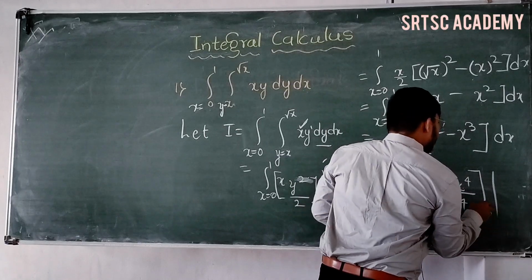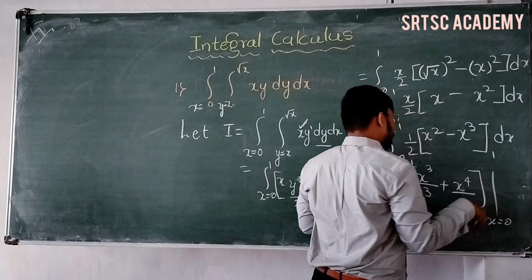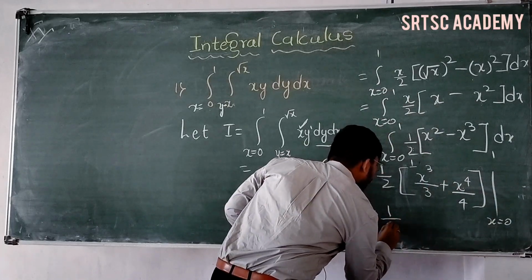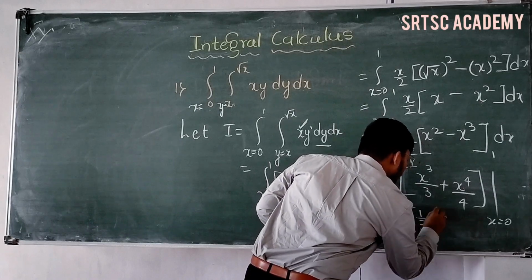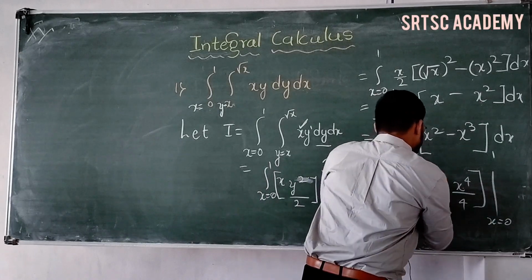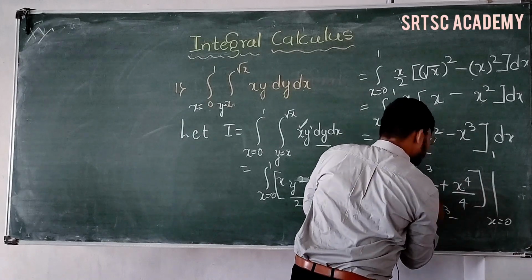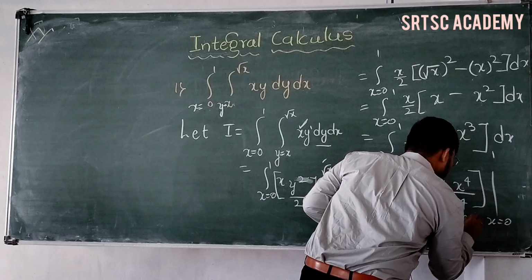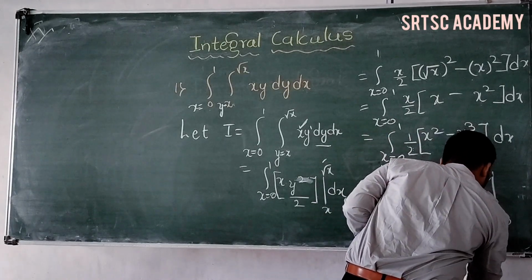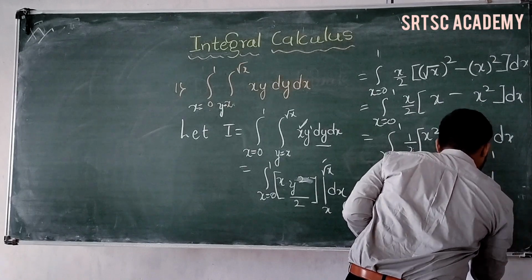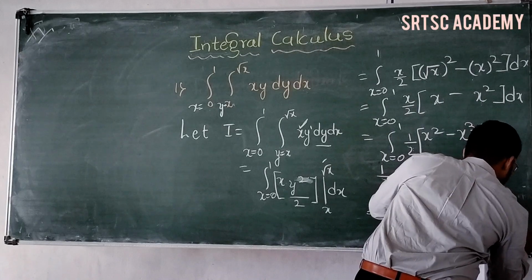So x varies from 0 to 1. 1 by 2, and here 1 by 3 common, x cube. X cube means upper limit is 1, its cube, minus lower limit 0, 0 cube, plus 1 by 4 common here, same, 1 raised to 4 minus 0 raised to 4, right?